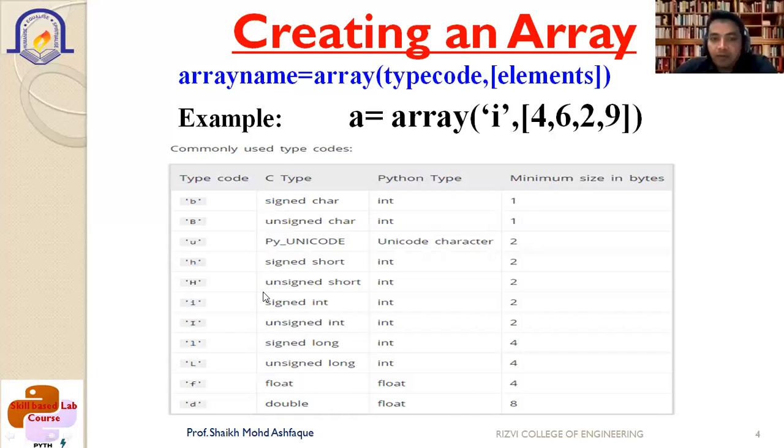In the example I have written a is equal to array, then I is the type code, and then the data 4, 6, 2, 9 separated by commas. When you look at I in this image, you find that it is an integer which has the minimum size of 2 bytes. So this is the syntax for creating the array.